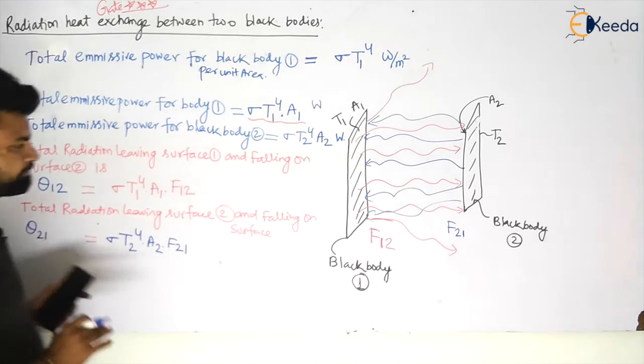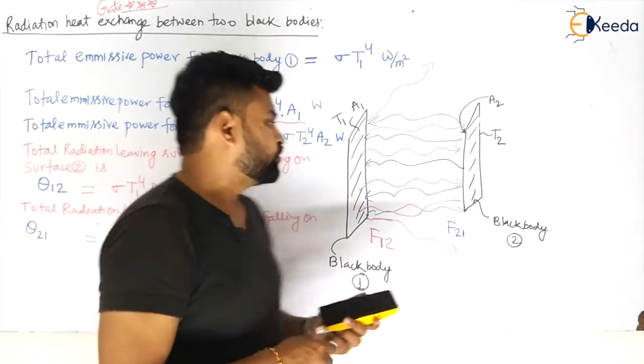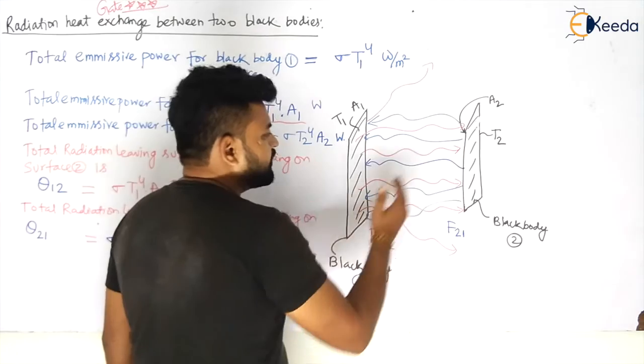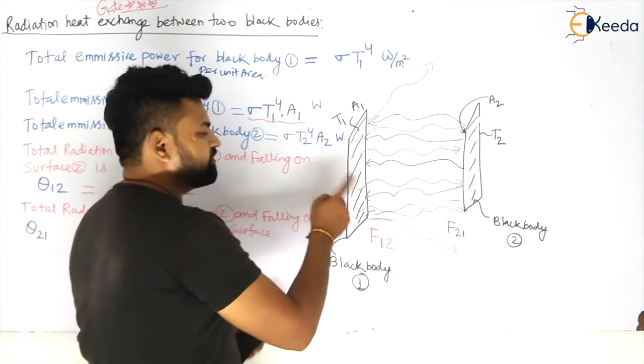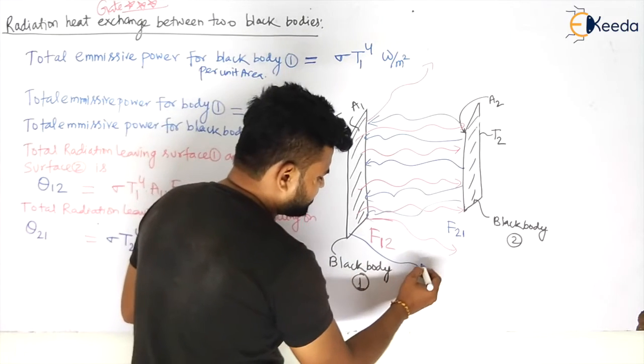Now, as we are dealing with black bodies, whatever radiation comes from 2 and falls on 1 will be absorbed by surface 1.